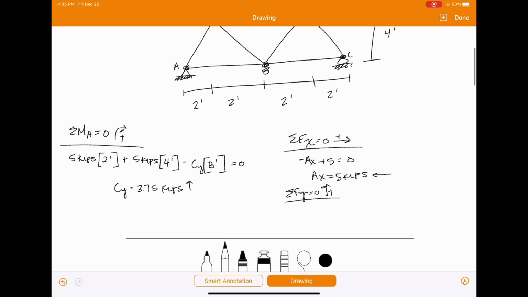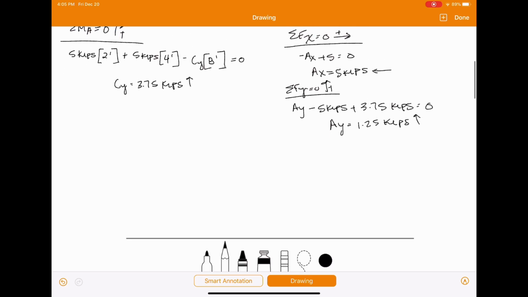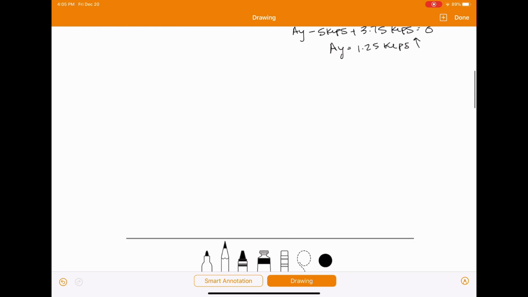You'll get AY minus 5 kips plus 3.75 kips equals 0. And you'll get the AY equals 1.25 kips up. All right, so once you have that, then you can just redraw your truss as big as you can.